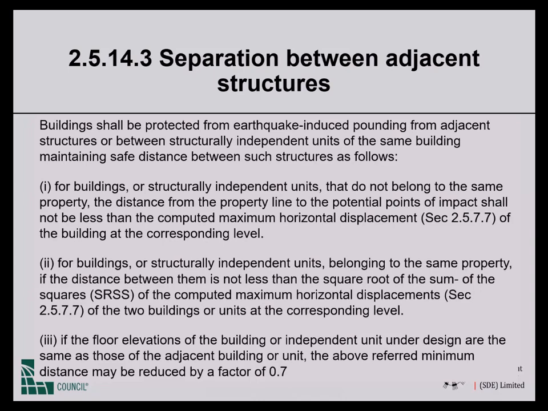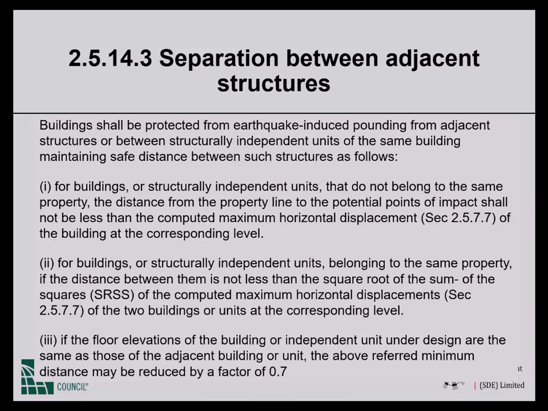And this is not the best written, but basically the deflection should not have the building touch the property line. Okay, so the building on this side of the property line can deflect up to the property line. The building on the other side of the property line can deflect up to the property line so that they barely meet but don't really touch each other, or they barely touch but don't do anything more than that.